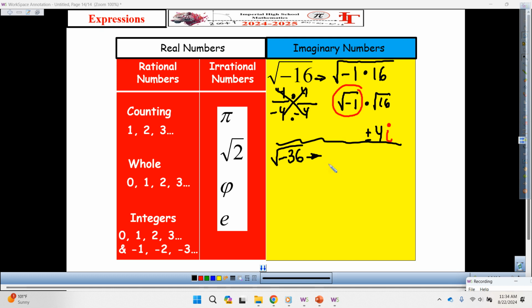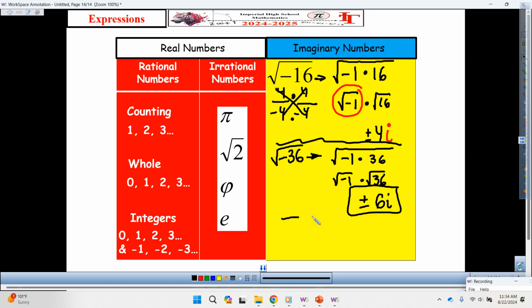How do I rewrite this? Square root of negative 1 times 36, and that becomes square root of negative 1 times square root of 36, which becomes plus minus 6i. Hands, if you got that? That is correct.